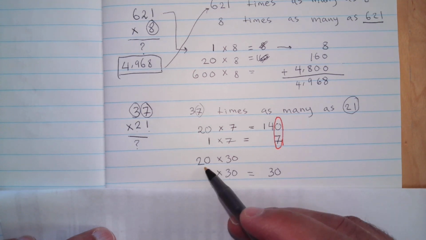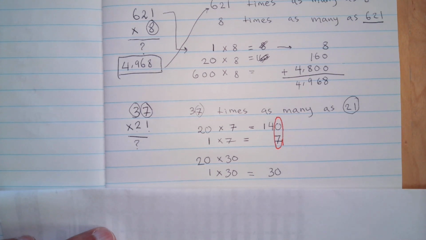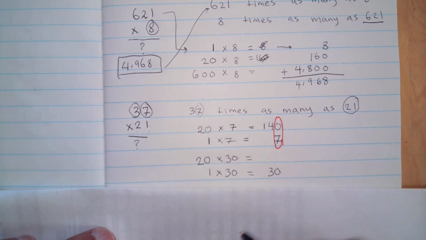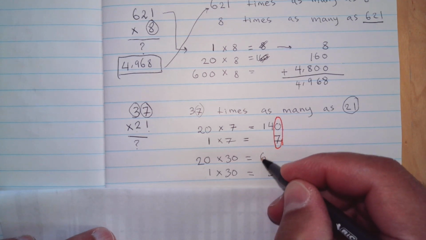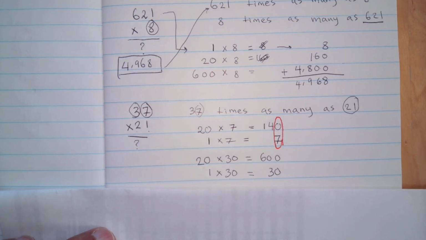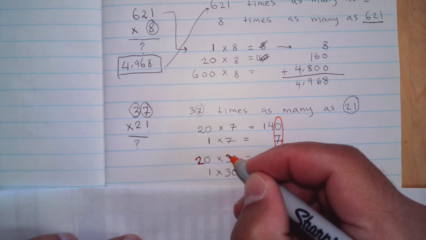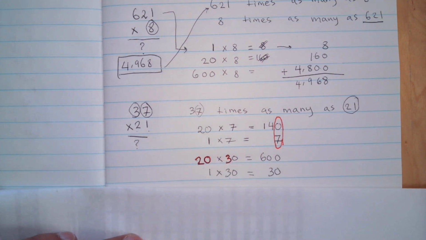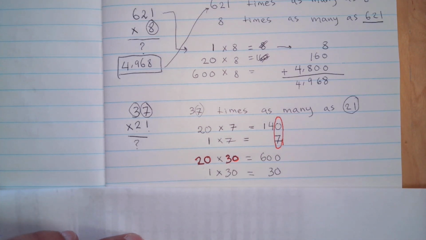Now, 30 times 20, well, let's go with 2 times 3. 2 times 3, that's 6, right? So 20 times 30 would be 600, because 2 times 3 is 6, 10 times more is 60, and 10 times 60 is 600.